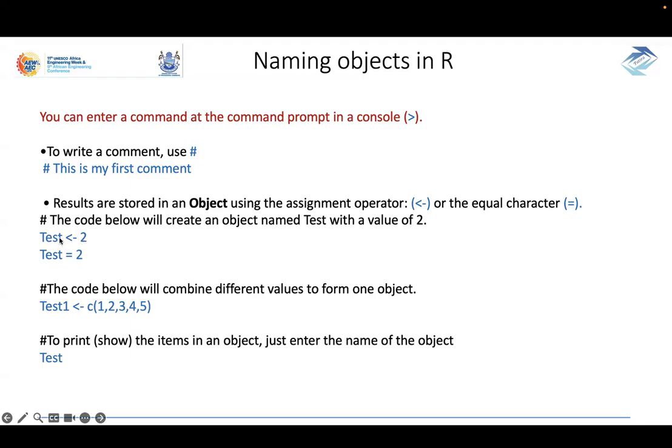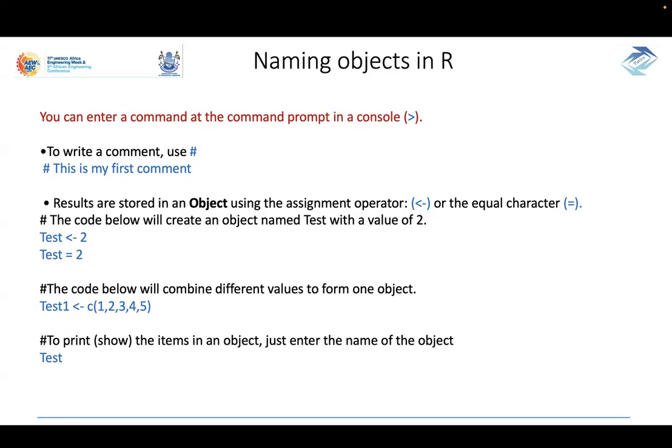If I type test, it will give me 2. Now, one rule is R is case sensitive. If your object was written with a capital T as the first letter, and then you want to see the results and you type the first letter with a small t, it will not work. That's the problem that we always get into, because R is case sensitive.